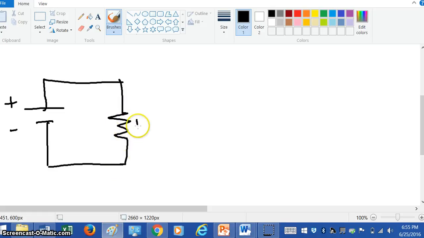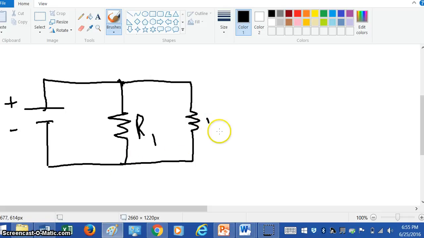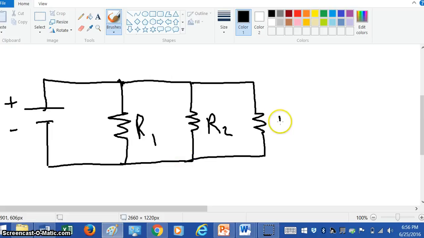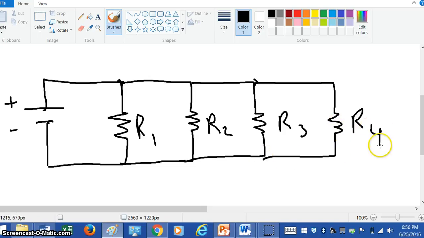I'll call this R1, and let's say there is a second electrical device. I'll call that one R2, and this is already parallel. I'll put another one. You can have as many devices as you want in parallel here. So here's R3, and just to make it interesting, we'll put one more electrical device. We'll call that R4.